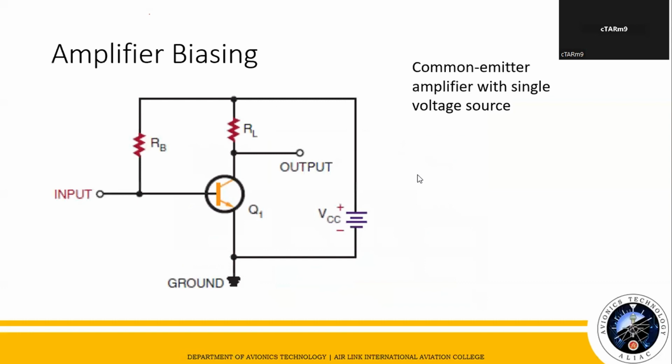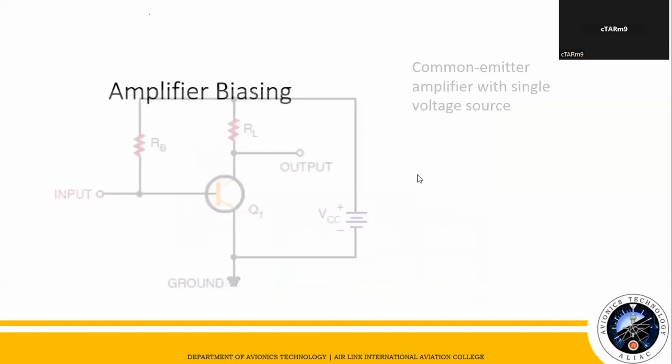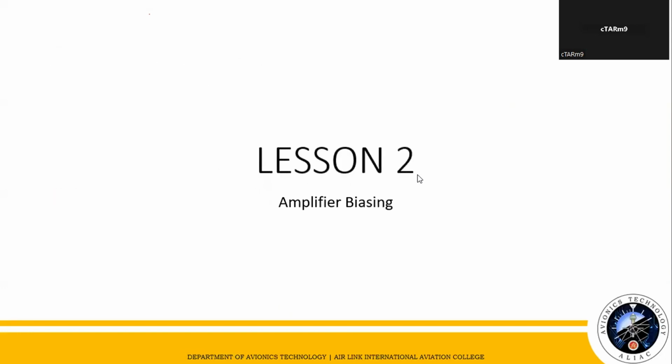So, in amplifier biasing, the basic configurations of transistor amplifier circuits are the common base, the common emitter, and the common collector. All of them require two voltages for proper biasing.